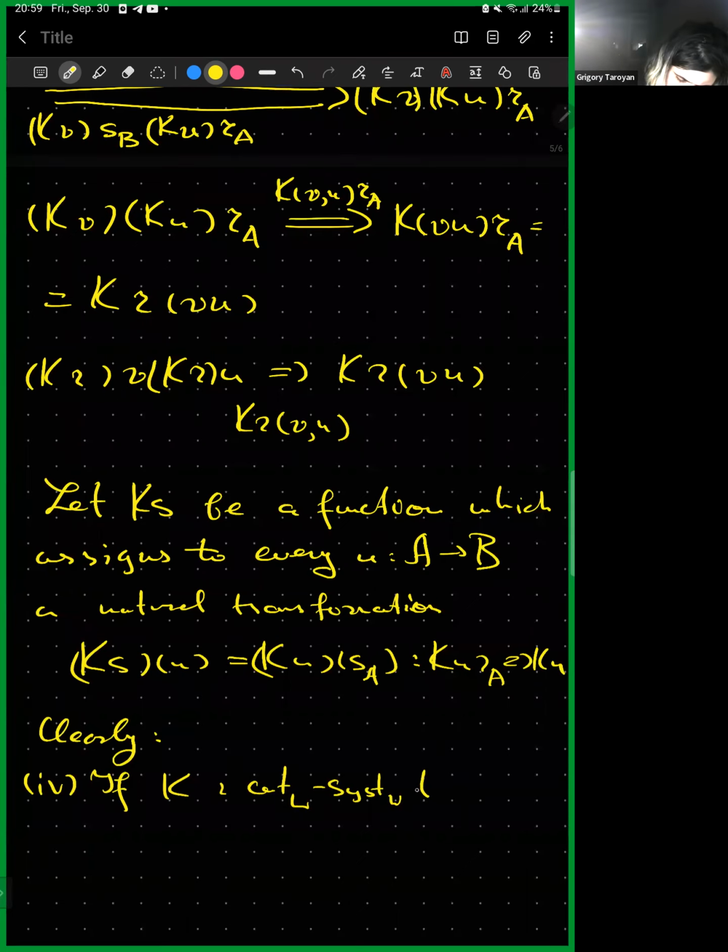then KR is also one, so it is a left homotopical cat system.